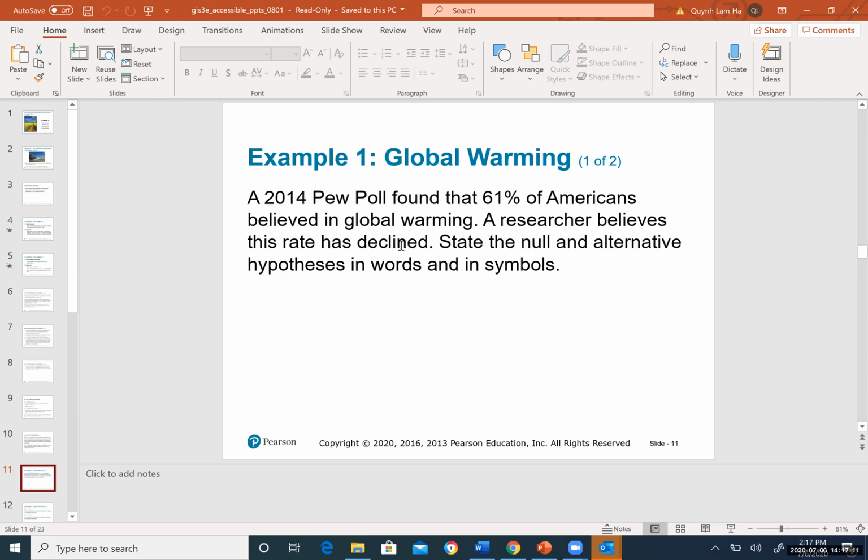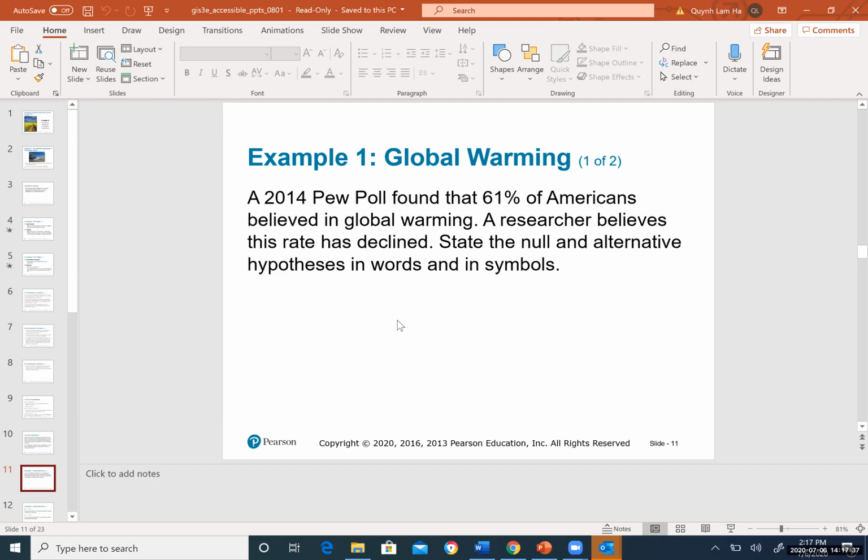So you will write H naught equal to 61%. Or you can write H naught equal to 0.61, right? Or some people like fractions, they can write H naught equal to 61 over 100. But I prefer decimal numbers. You will write H naught equal to 0.61.